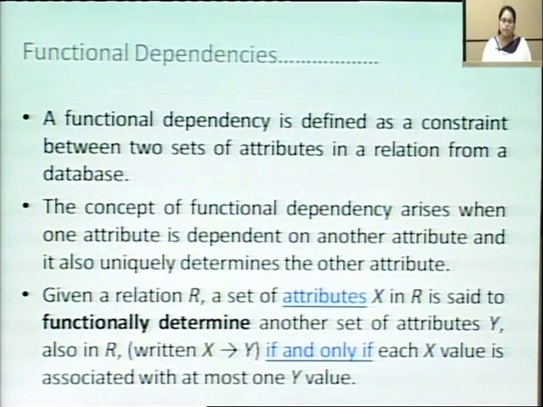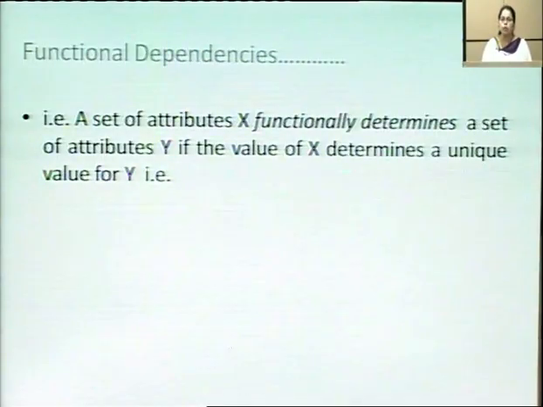So this definition says that a set of attributes X functionally determines a set of attributes Y if the value of X determines a unique value for Y. Whether the values of X and Y occur more than once in the relation, whenever the value of X occurs, the value of Y will not change. It will remain the same, it will remain unique for the particular value of X.